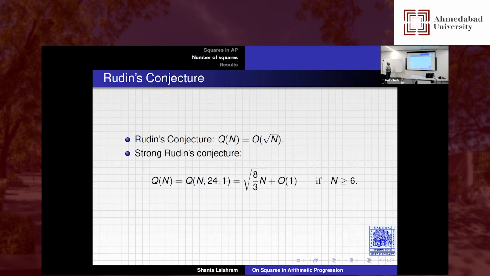There's also a strong Rudin conjecture which tells you that the maximum number of squares should come from the sequence 1, 1 plus 24, 1 plus 2 into 24, 1 plus 3 into 24, and so on. So that is the expected. In this case, the number of squares will be square root of 8 by 3 n plus some constant.